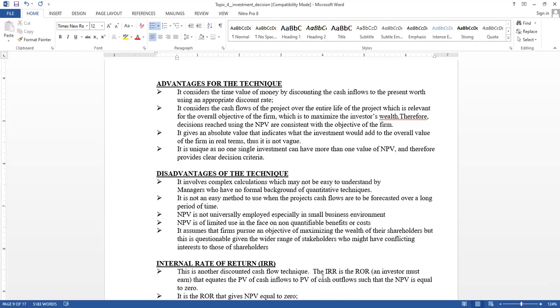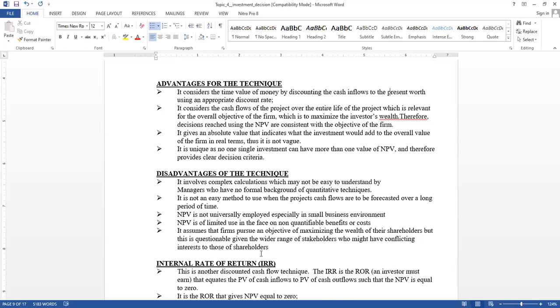So this technique may be of limited use, since it assumes that the major objective of the firm is to maximize the wealth of shareholders, yet each stakeholder has their own objectives or interests within the organization.